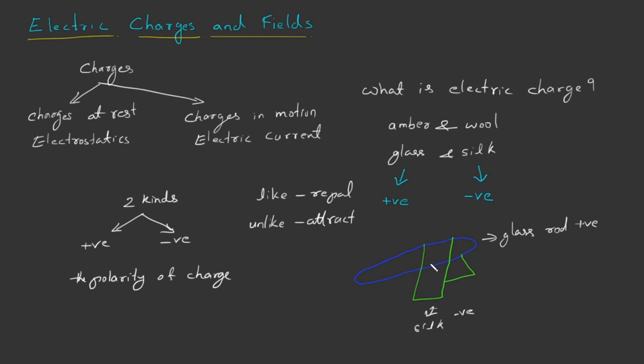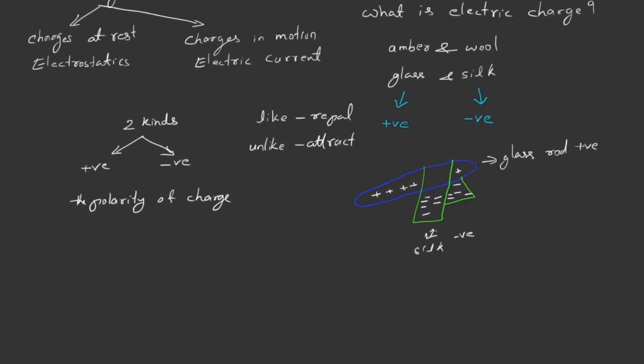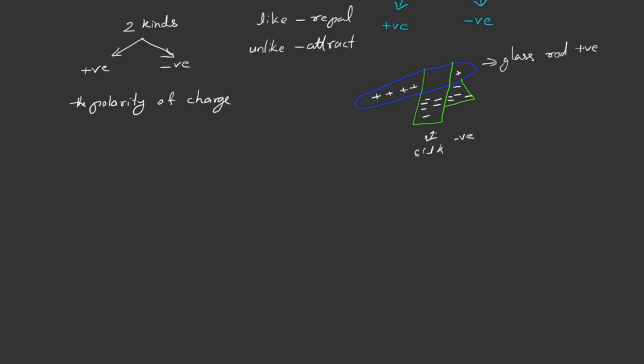The glass rod contains some loosely bound electrons, and these electrons move to the silk when it is rubbed. So the glass rod becomes positively charged and the silk becomes negatively charged. So we can say that charge is a basic property associated with elementary particles.